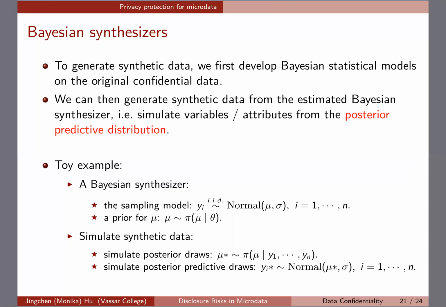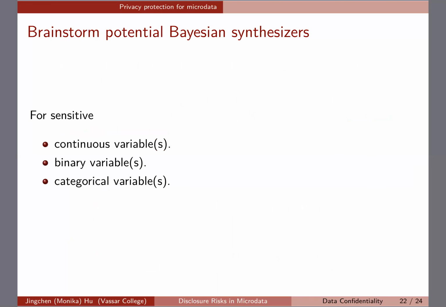All right, this slide is tied to what I asked you to do before today, thinking about different models that you can think of. For us, we'll encounter continuous variables, binary variables, and categorical variables as we move forward.